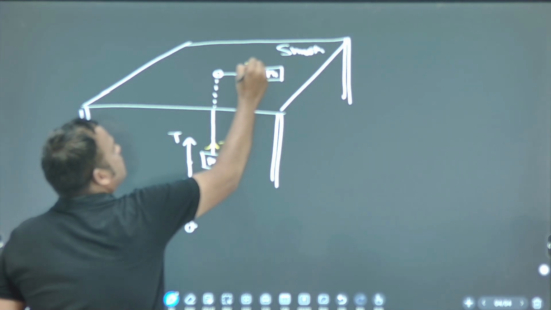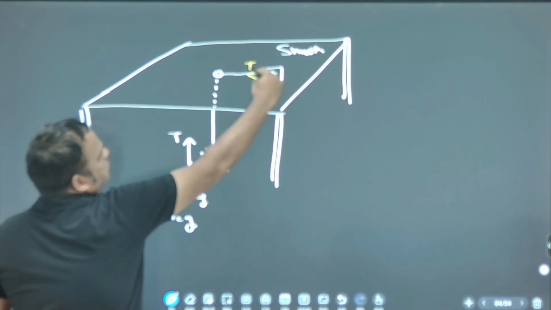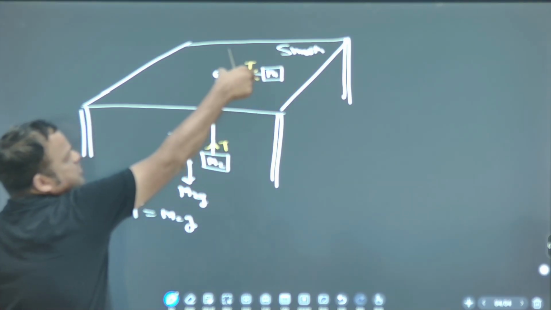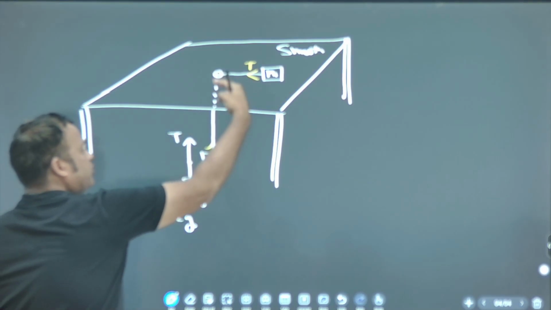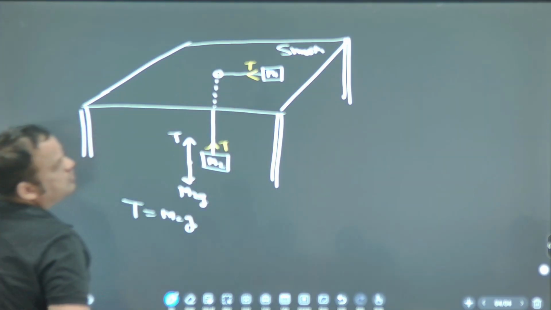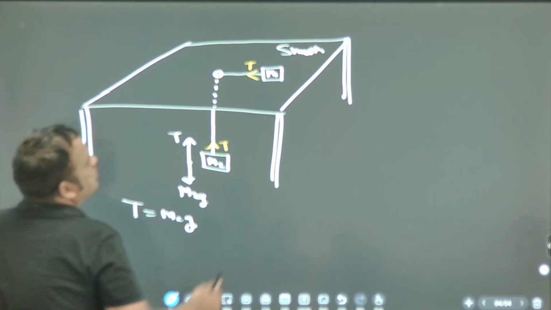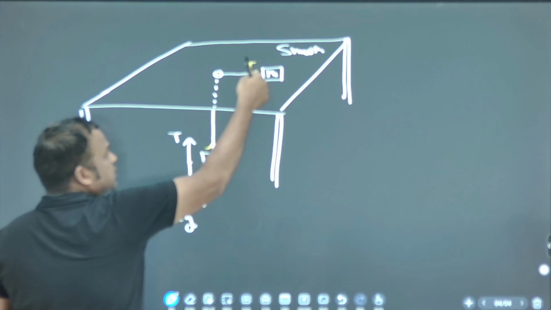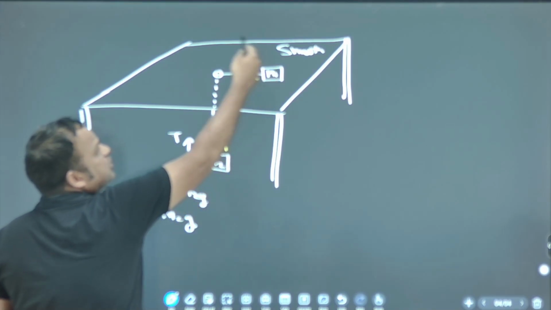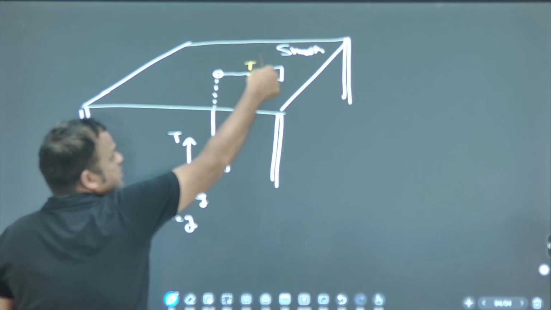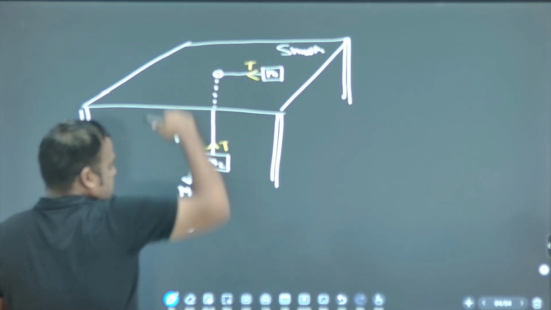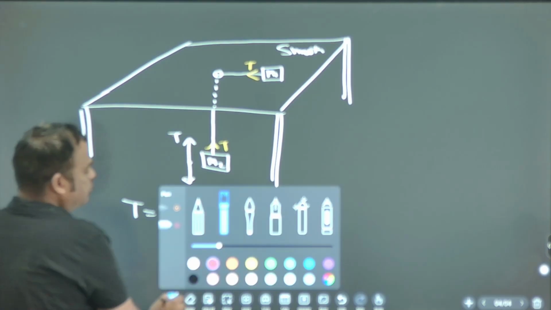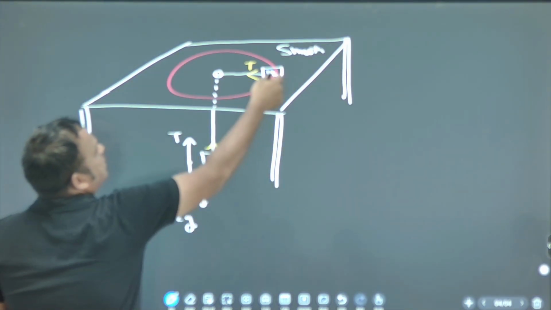This portion of the string is horizontal and this portion is vertical. Now in order to keep it at rest, tension should be there. So this block should rotate. This block should perform circular motion, uniform circular motion. Note down. So it is performing circular motion.